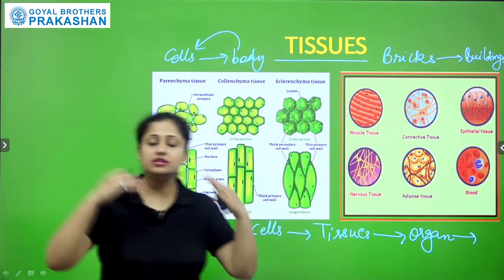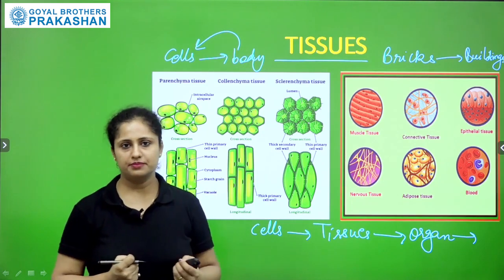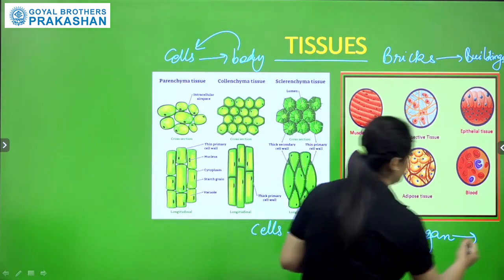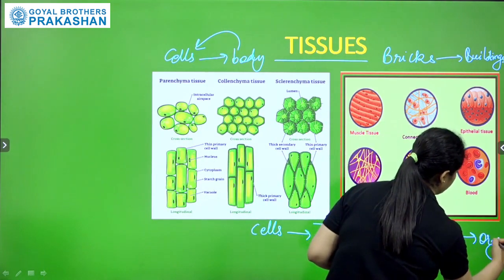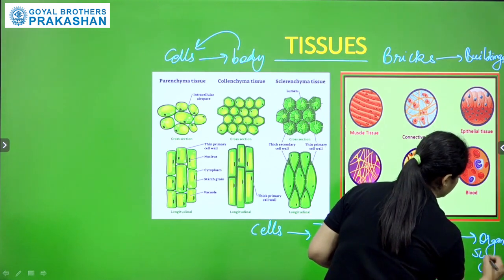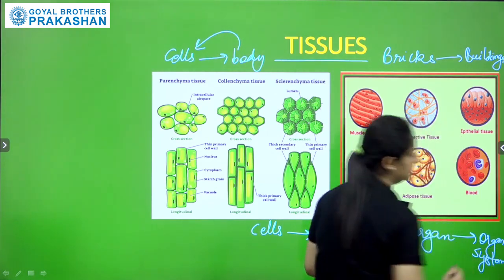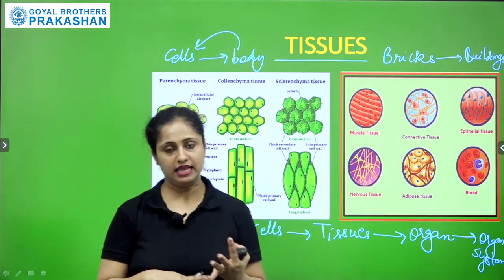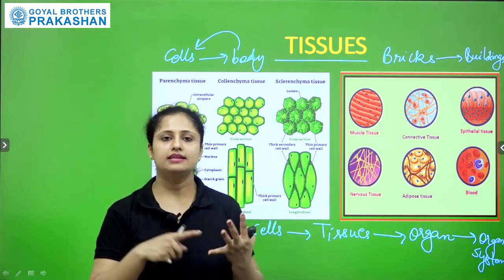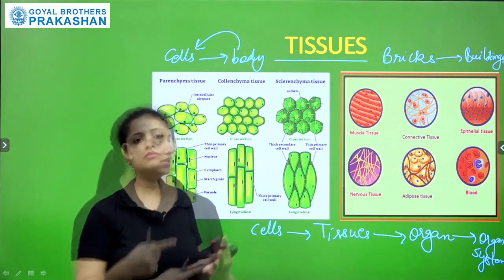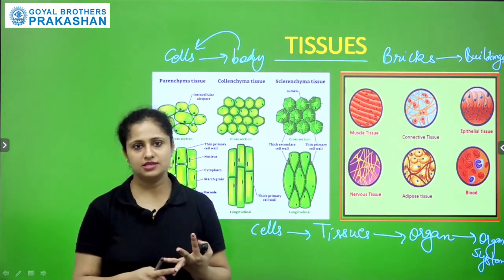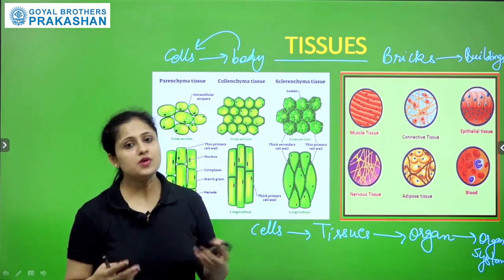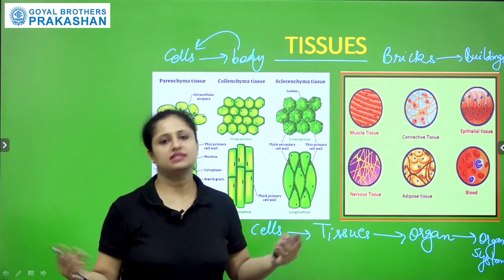And when various organs work together, their functioning is known as an organ system. For example, in our body, there are many systems like digestive system, respiratory system, circulatory system, nervous system, hormonal system, reproductive system. So there are many systems.